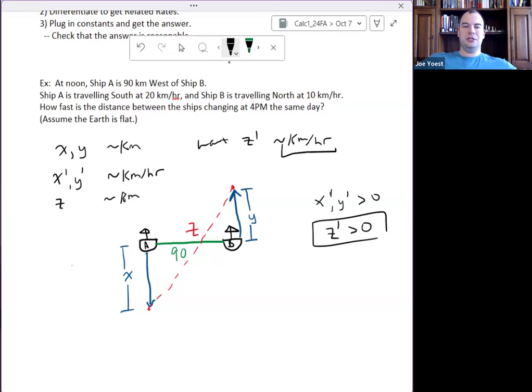If we were 1 million kilometers east-west from one another, and then we went, whatever, 30 kilometers north and 60 kilometers south or something, we're still basically 1 million kilometers apart, right? So if we're really wide apart in the east-west direction, dz/dt is basically zero. So z prime is bigger than zero, but it's close to zero when far apart in the east-west direction.